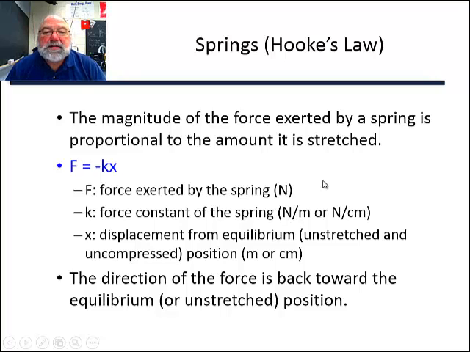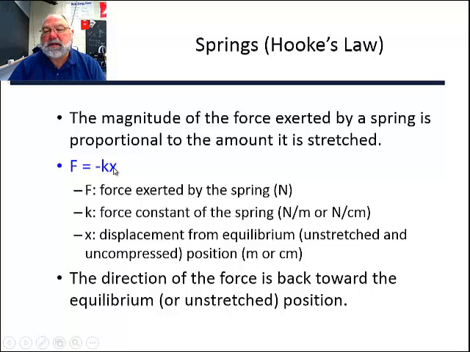The way that it's written out mathematically is the force exerted by the spring is equal to minus, because this is a direction, meaning the force is pulling back instead of pushing, times some constant k, that's how stretchy or how springy the spring is, times x, the amount of stretch from where there's no force applied on it.